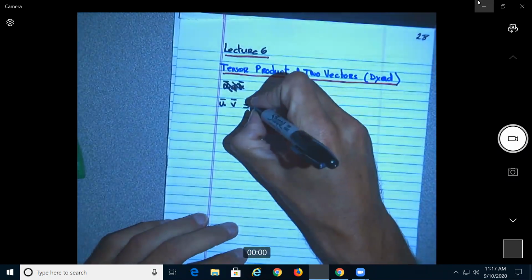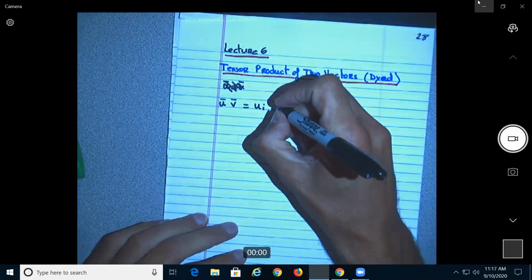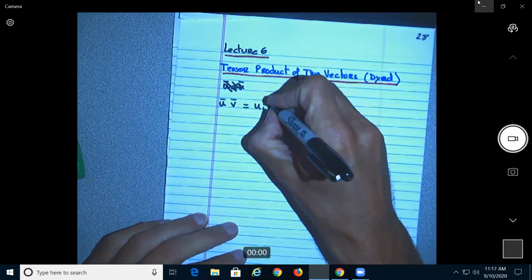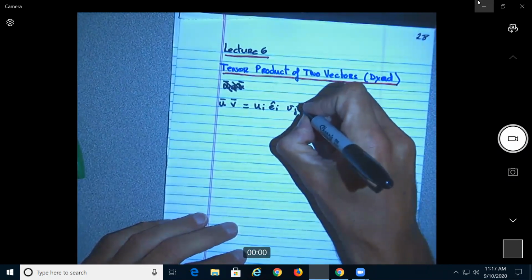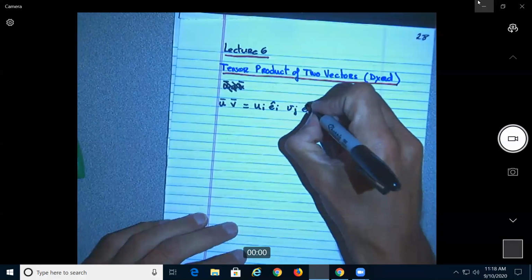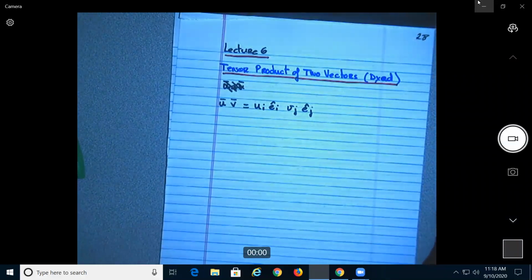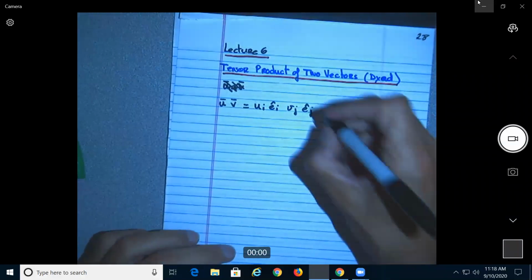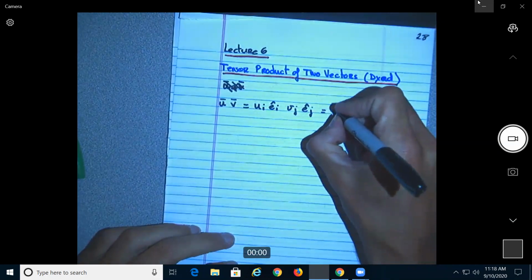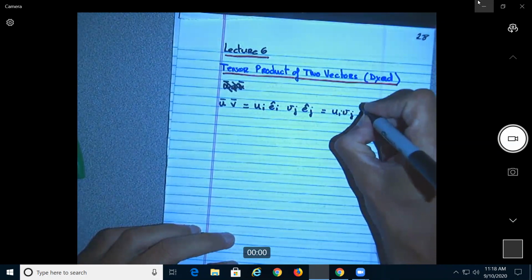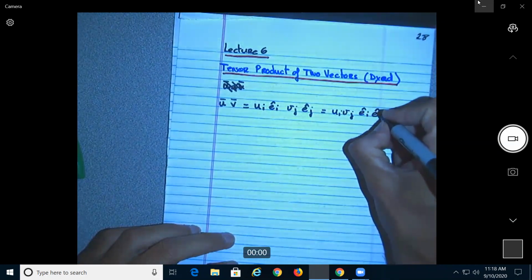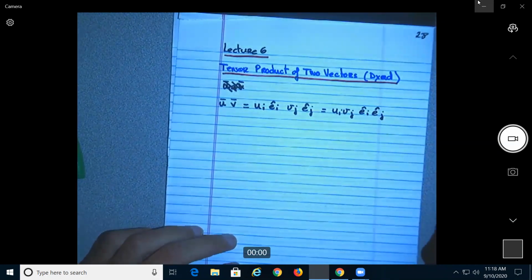It will be u sub i, e sub i, v sub j, e sub j. Or if I combine the notation, this would just be u sub i, v sub j, e i, e j. So this will be the indicial notation for this.